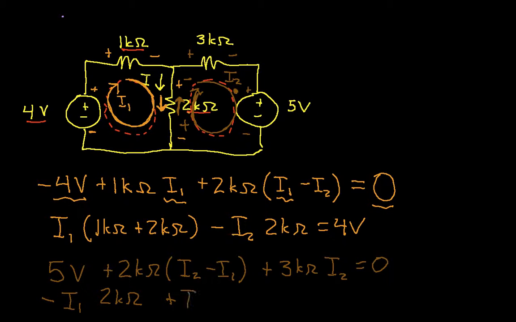Okay, plus I2 times 2K ohms plus 3K ohms. And we'll move the 5 volts to the other side, and we have minus 5 volts. So basically what we've done here is we now have the second equation, we have two equations and two unknowns. So we're finished with step 3.